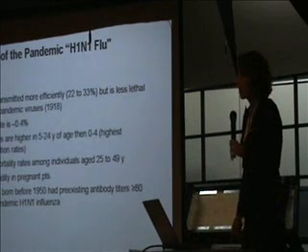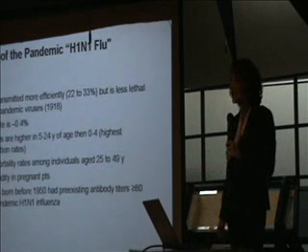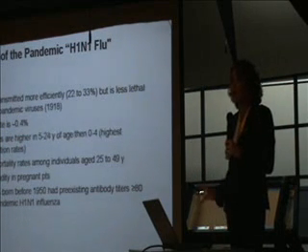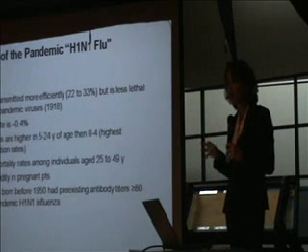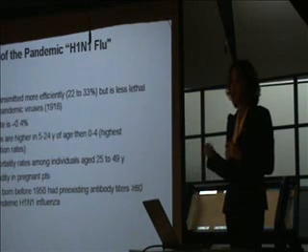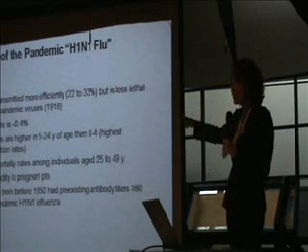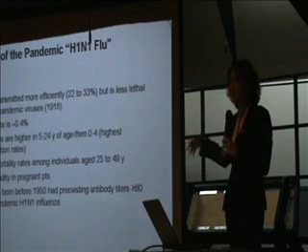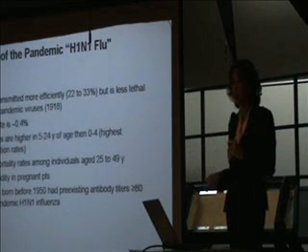Now, another observation that has been made is that people who were born before 1950 might be protected, and I keep the word might because I have seen patients born before 1950 who have had H1N1. But they seem to think that somehow around 1950, a similar virus circulated and gave immunity to some people.